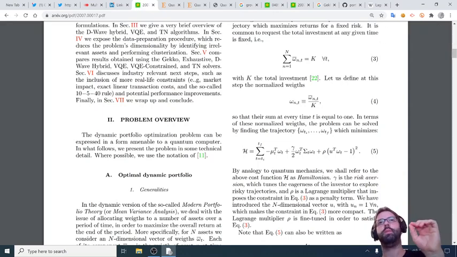The approach here, in comparison to the Chicago Quantum one, is that you're constraining on the total amount of investment.